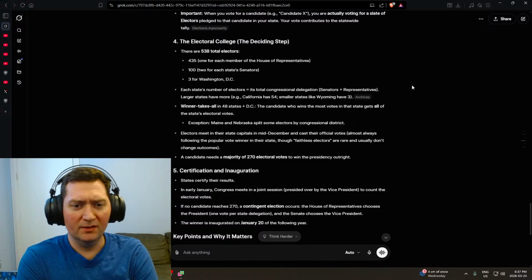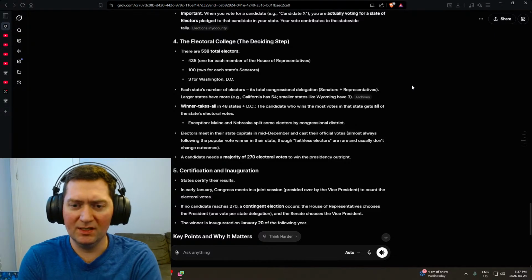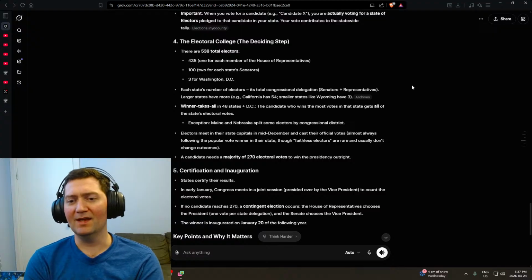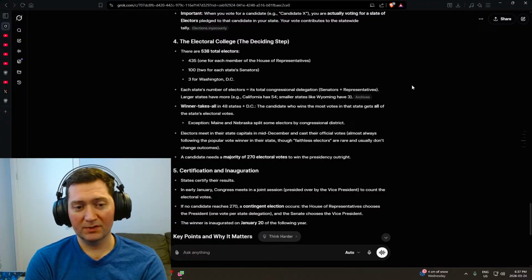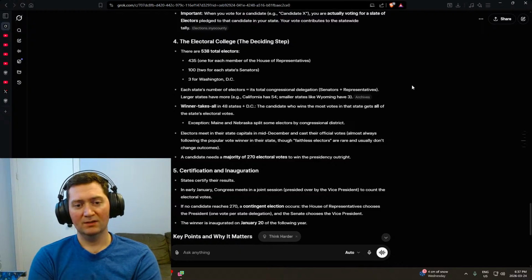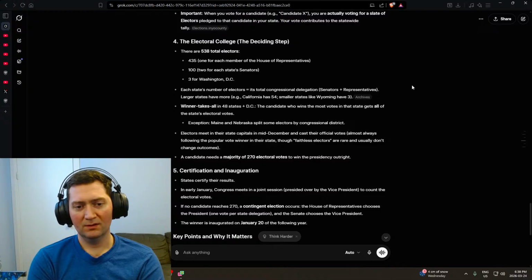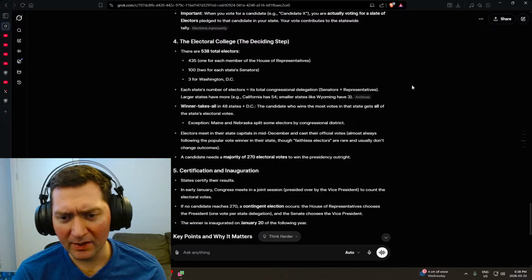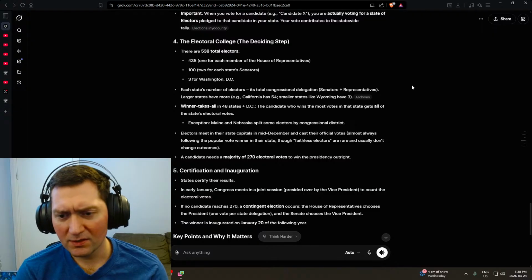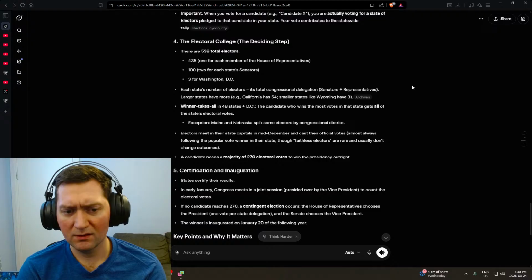Winner takes all in 48 states plus DC. The candidate who wins the most votes in that state gets all the state's electoral votes. Exception: Maine and Nebraska split some electors by congressional district.